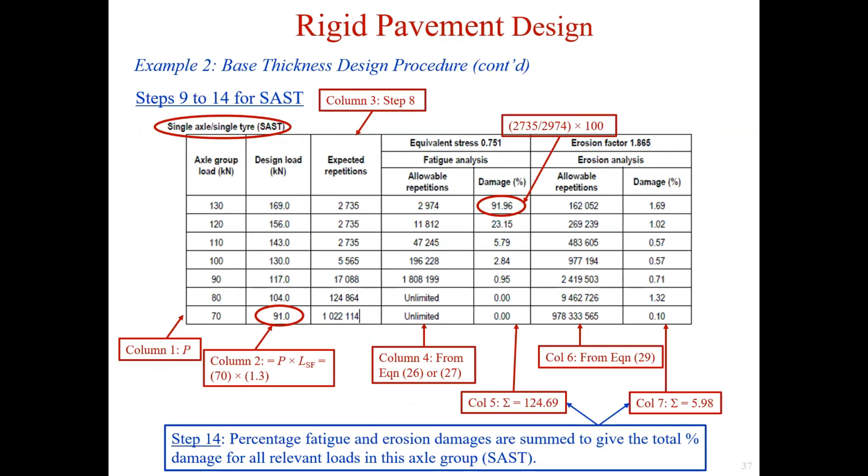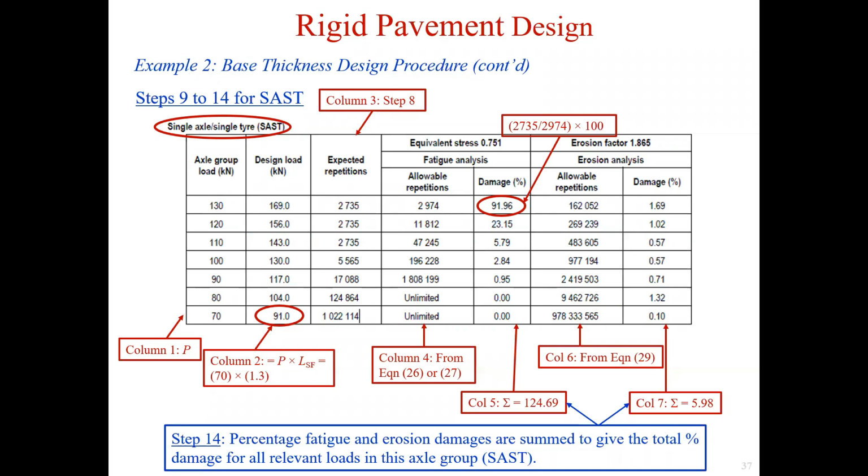This table is the summary of the calculations for the axle group SASD. The first column is the axle group load P. The second column is the design load, which is P times LAF. The third column is the expected load repetitions from step 8.